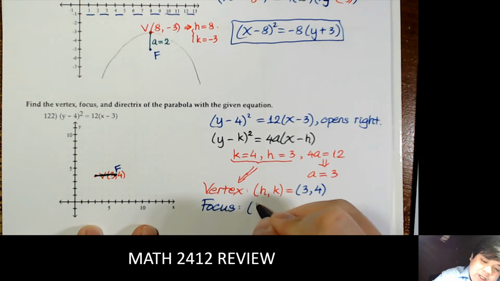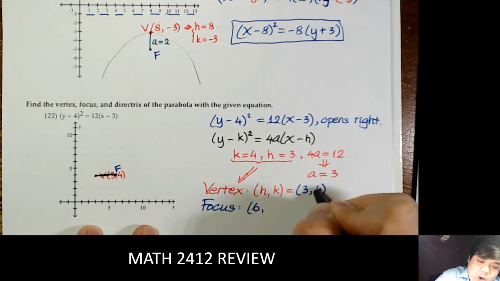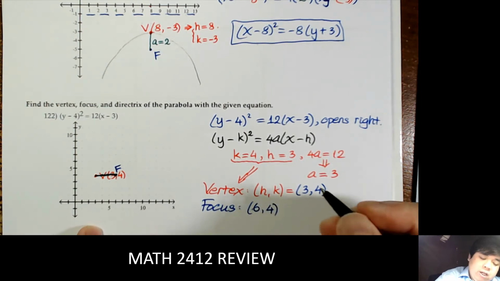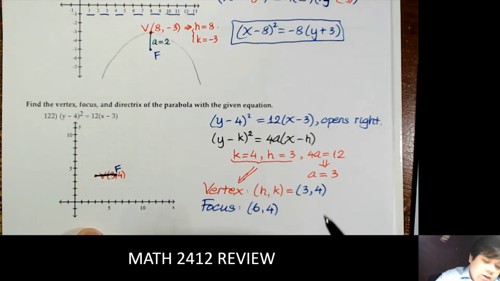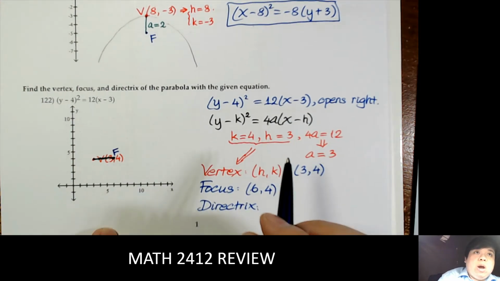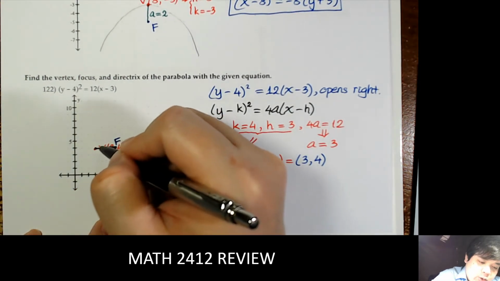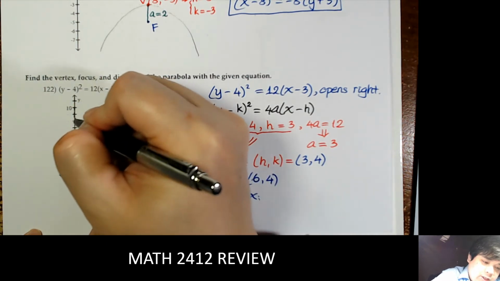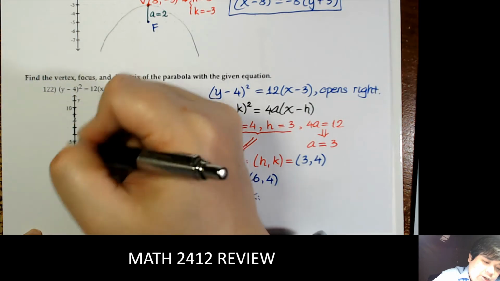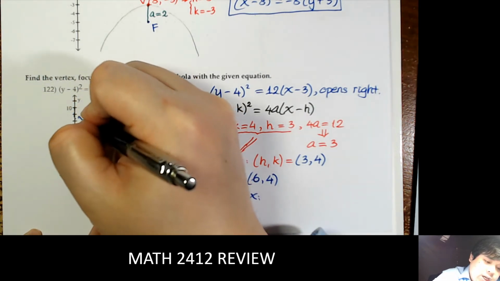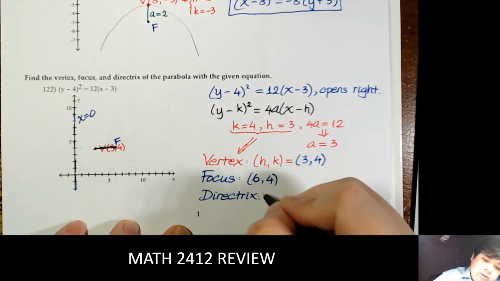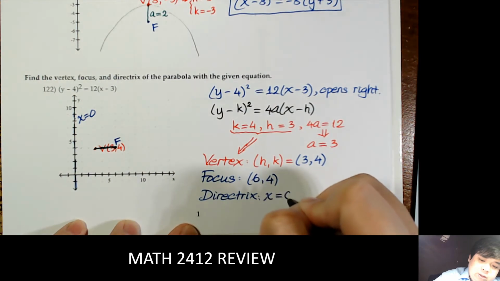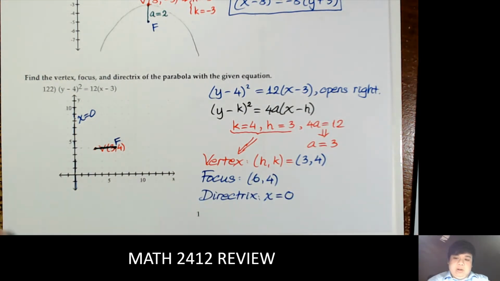It's going to be 6, and the y value is still the same as 4. Right. And then the directrix. The directrix is in the opposite direction of the focus. So we go 1, 2, 3 to the right, and we go 1, 2, 3 to the left. And then we have that line, which is x equal to 0. That's the directrix.